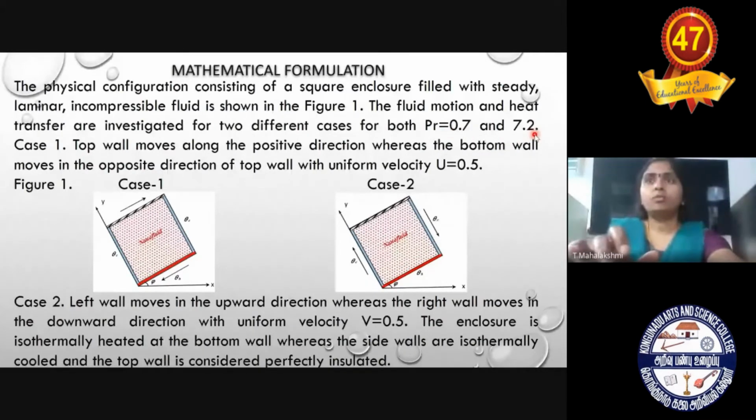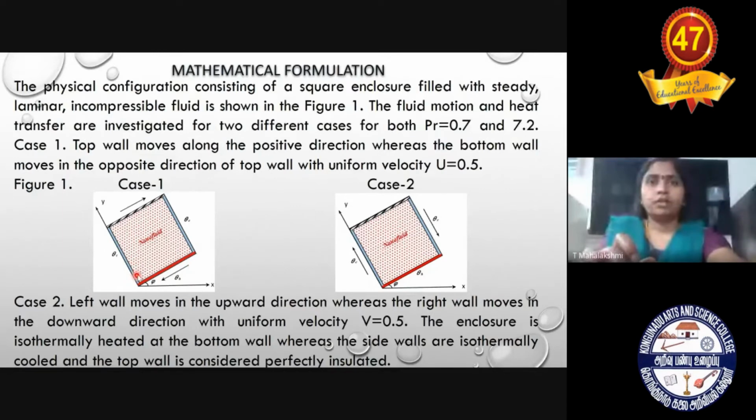So this problem is considered with two different base fluids with titanium dioxide nanoparticles in two modes of wall lid-driven enclosure in the presence of a magnetic field also. So four constraints are considered in this problem.